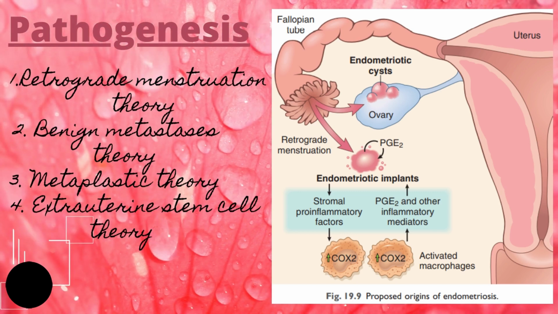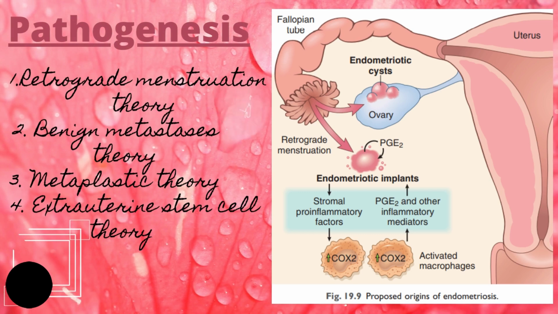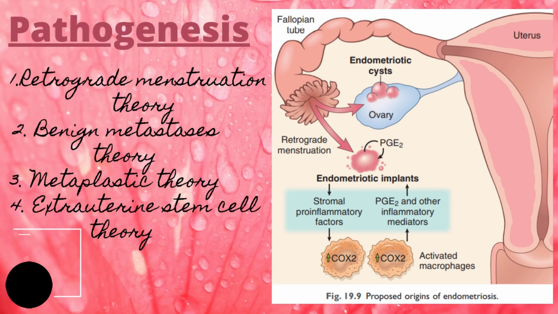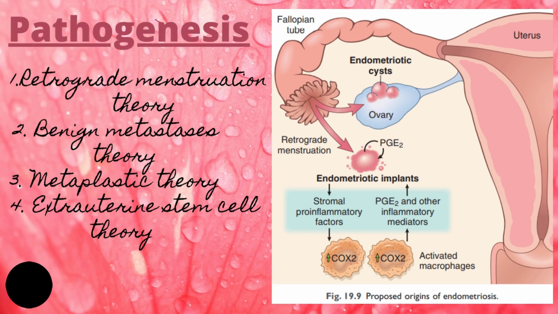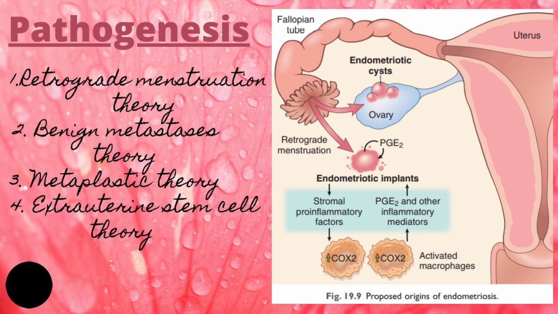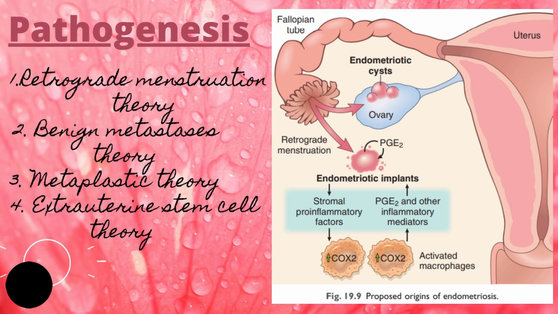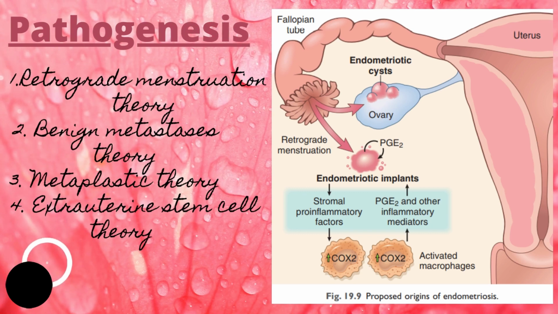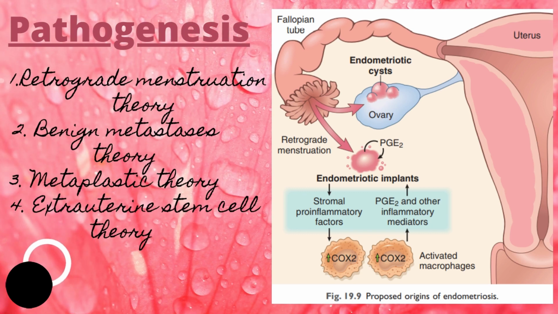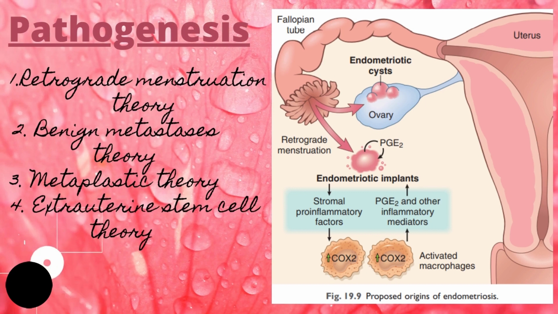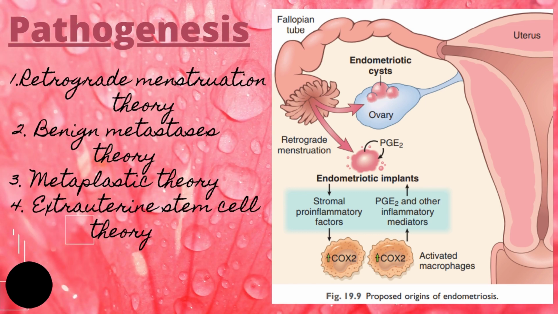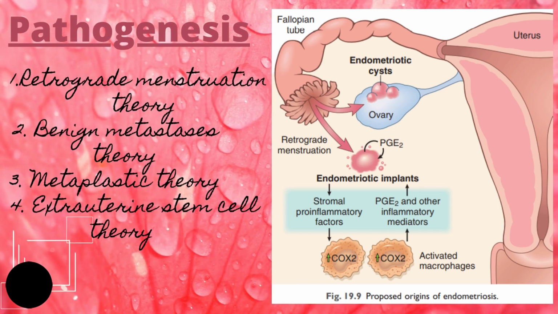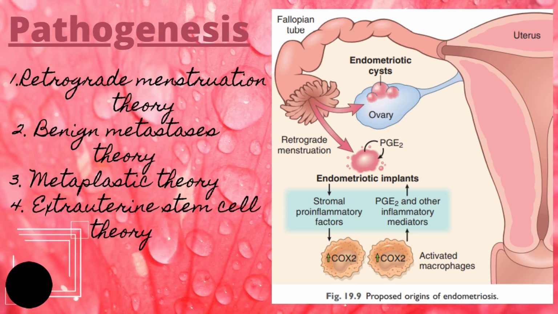Another difference is that they can secrete pro-inflammatory factors such as prostaglandin E2. This feature lets them cause inflammation and scarring, and these scars can cause extensive adhesions. So this is the possible cause of subfertility or infertility that occurs in endometriosis.